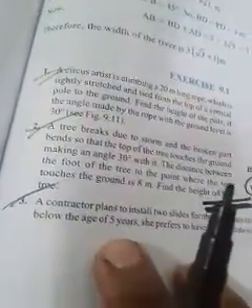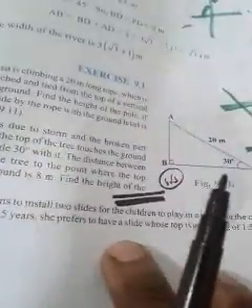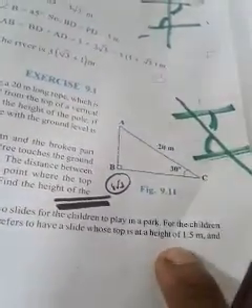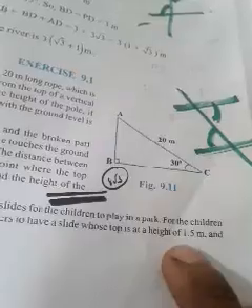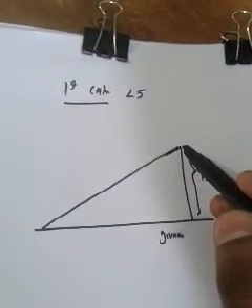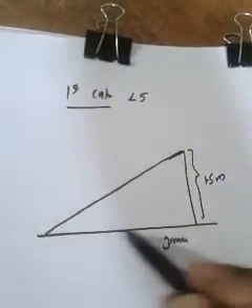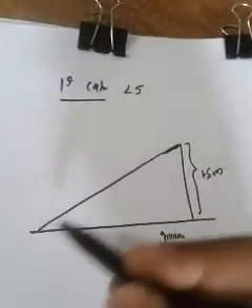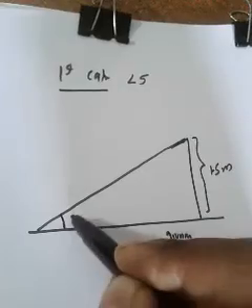And one more thing is given: for the age below 5 years, she prefers a slide whose top is at a height of 1.5 meters, a small height only. And that slide should be inclined at an angle of 30 degree to the ground, meaning the angle between the slide and the ground should be 30 degree.